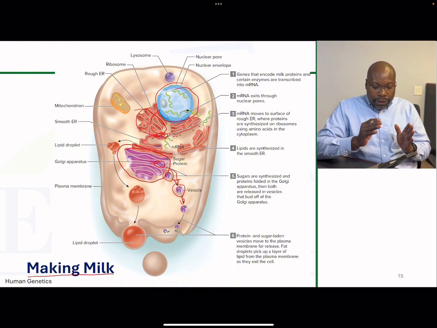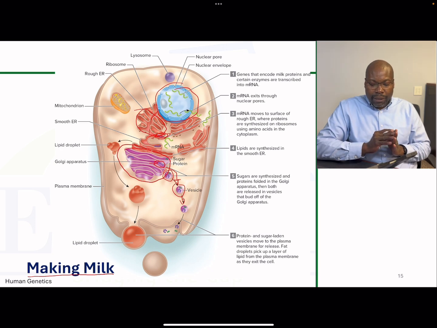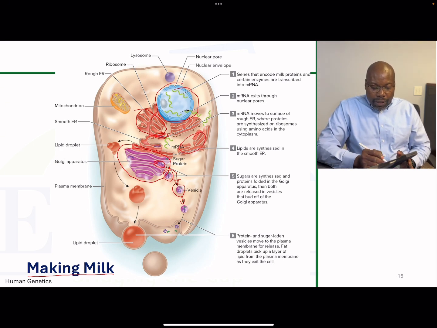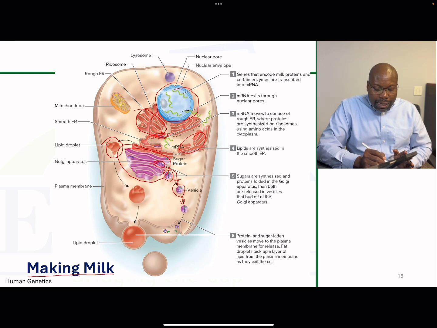Now, how about the lipid segment? Now, the smooth endoplasmic reticulum right here is going to end up forming vesicles like this. These vesicles are going to contain lipid droplets.